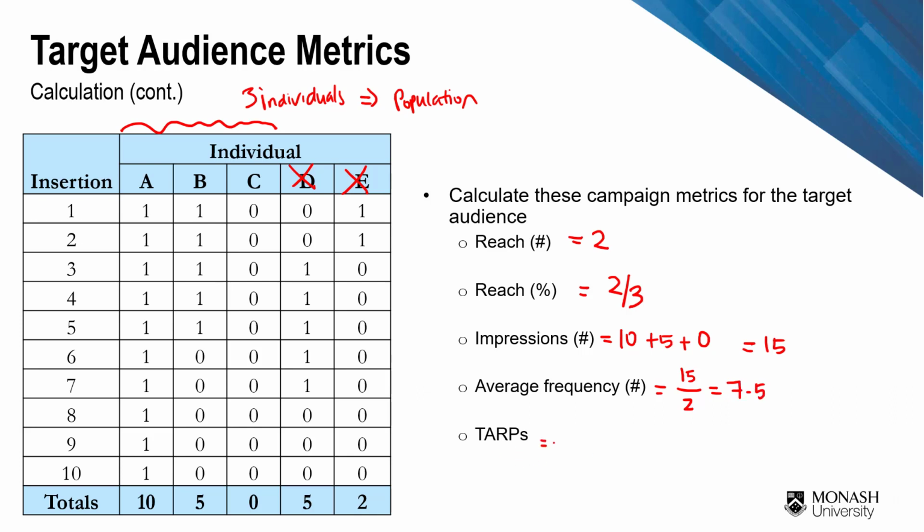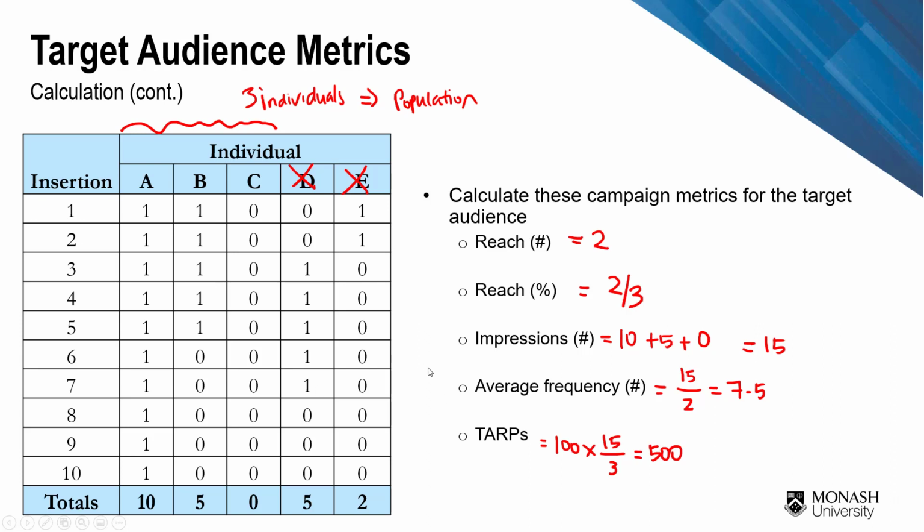Lastly, for targeted audience rating points, this is going to be 100 times the number of impressions, which is 15, divided by the total population here, which is 3. So this will give me 500 points.